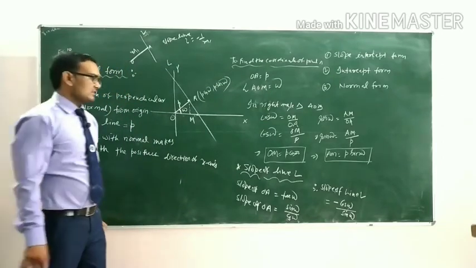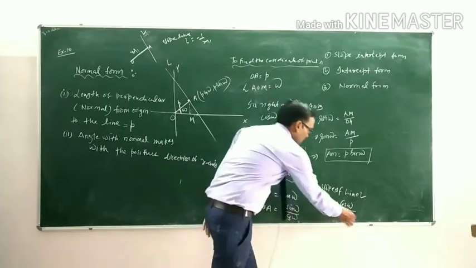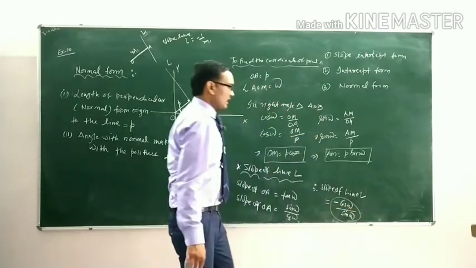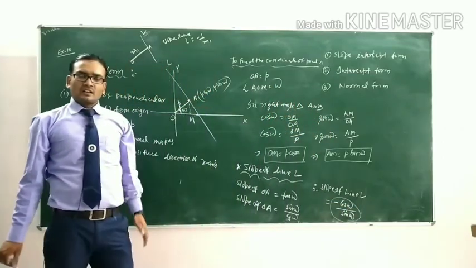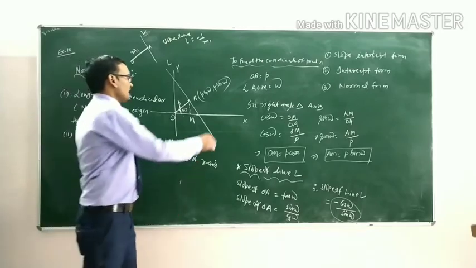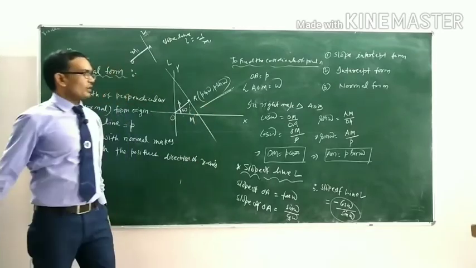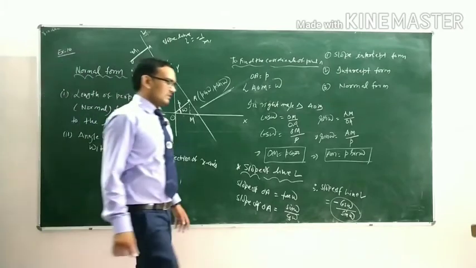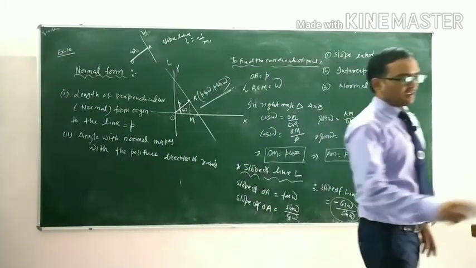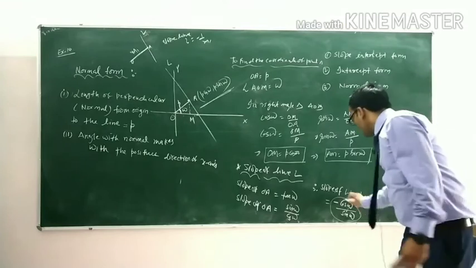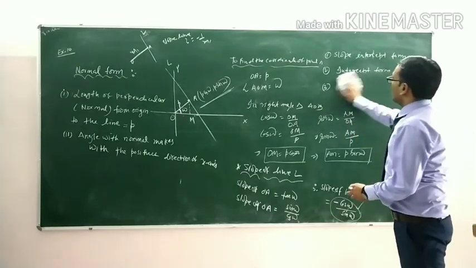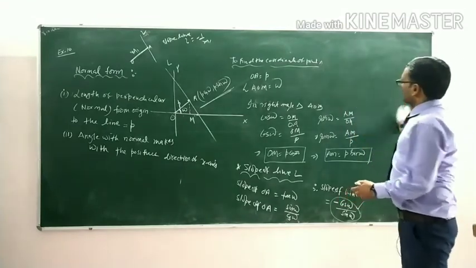Okay students, using this concept we find the slope of the line L is minus cos omega upon sin omega. Here two things are given about the line. First, the line is passing through point A, and it has slope minus cos omega upon sin omega.